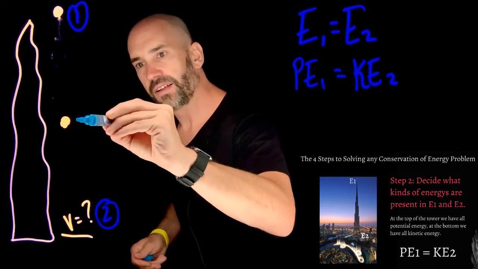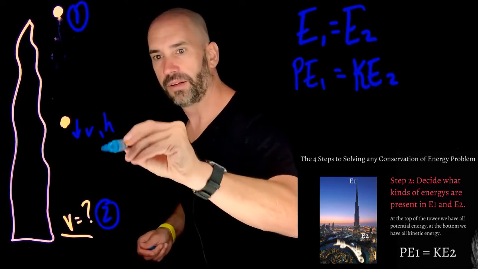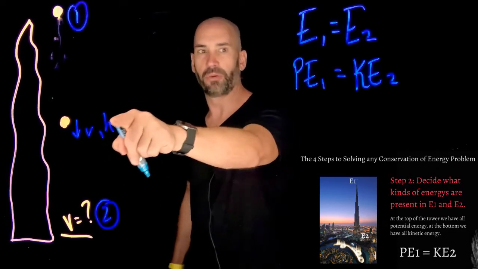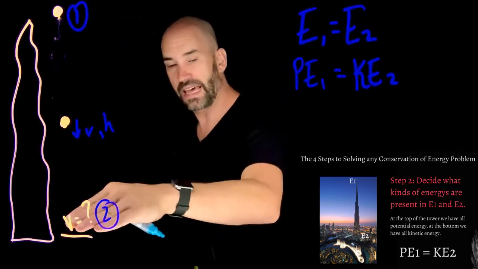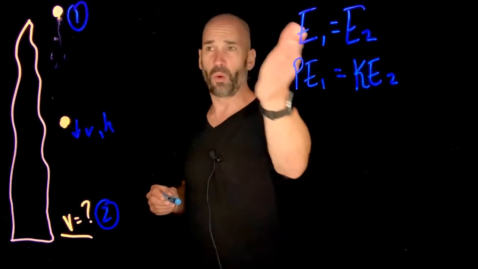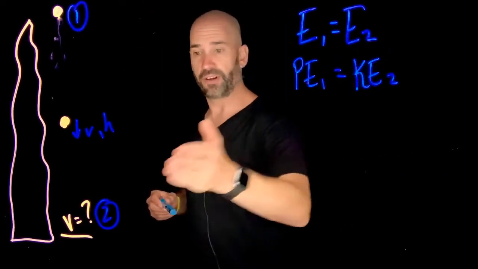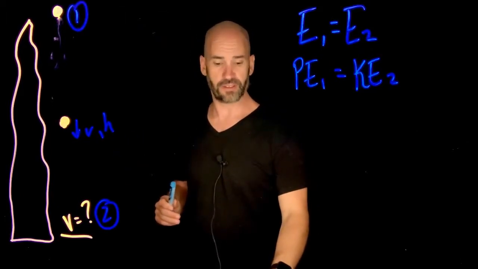This guy's dropping at some velocity and he has some height, so there must be some potential and some kinetic energy. But at the beginning, it's only potential, and at the end, it's only kinetic. Okay? That's step 2. We just decide what kind of energies we have here and here. Hopefully that's super, super basic so far.